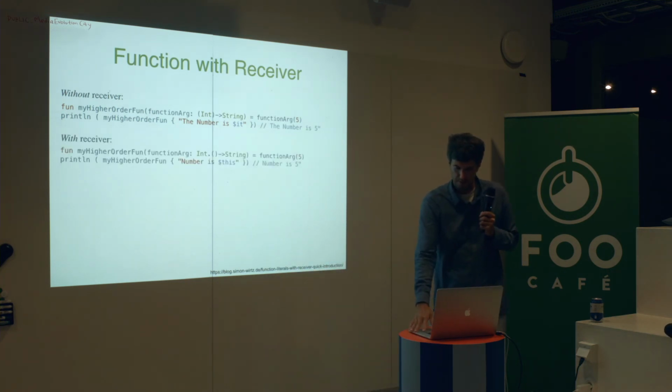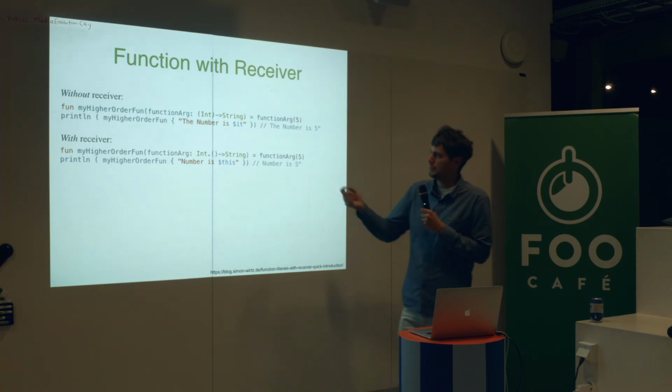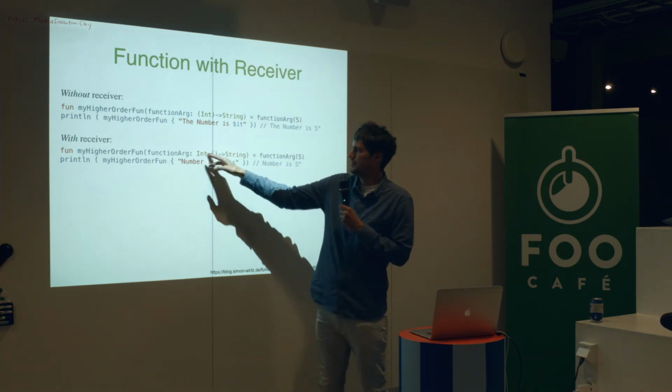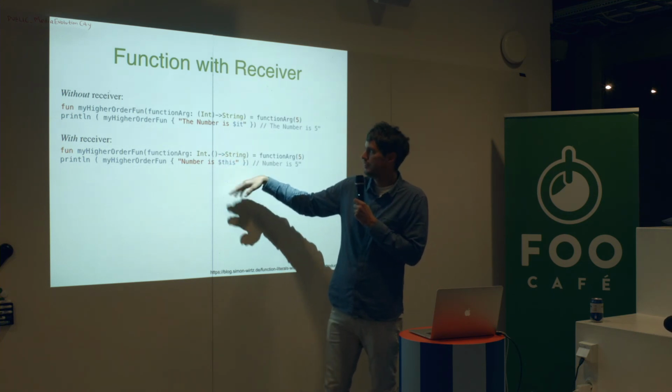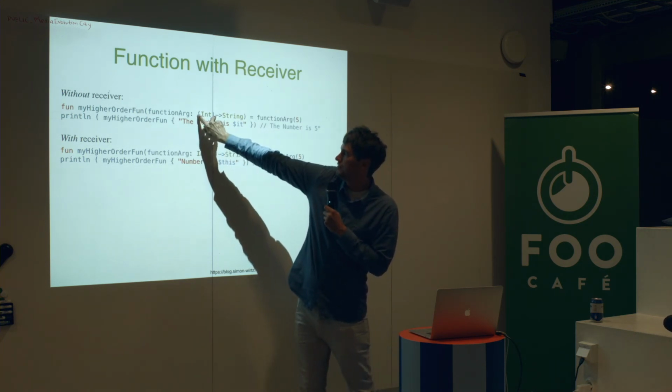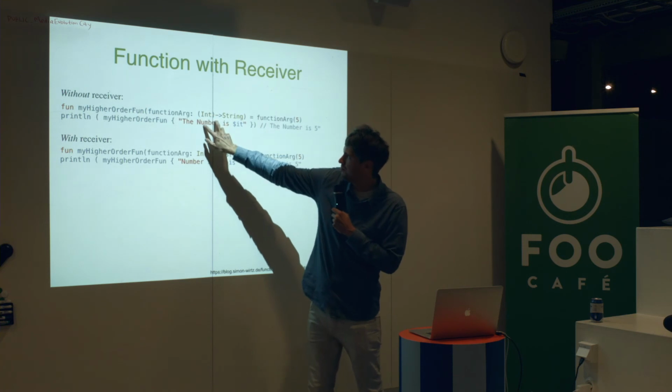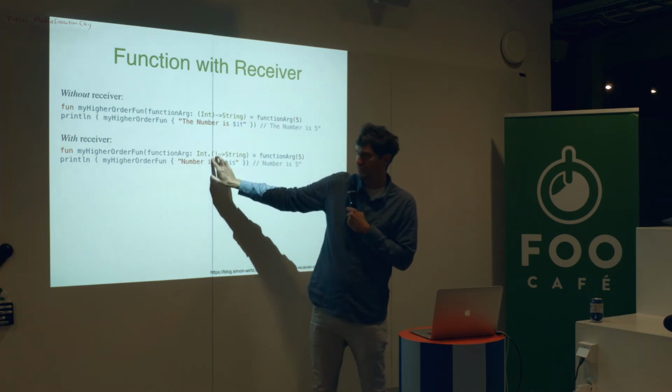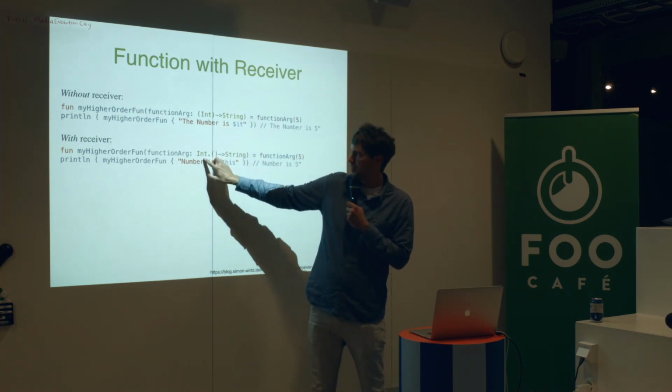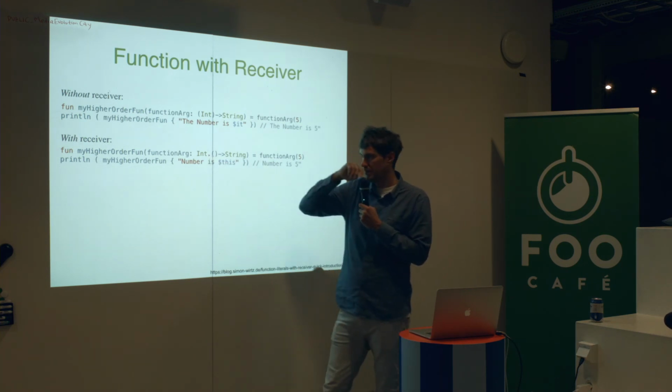But what you can also do is change this definition of the function a little bit. Here you can see that you have parentheses on both sides of the types. You can imagine that you move the parentheses to the right of the type, and then you add a little dot here.